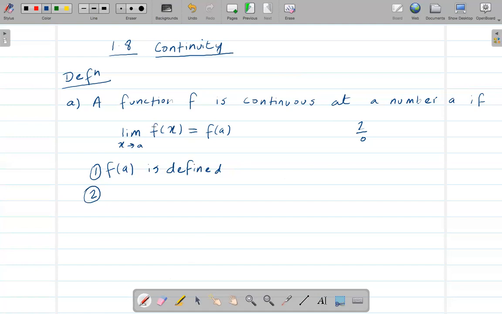And similarly, the limit on the left hand side exists. The limit exists means this limit cannot be undefined, or you can even say it is not equal to either positive infinity or negative infinity, or undefined.